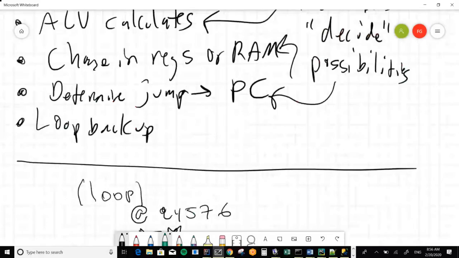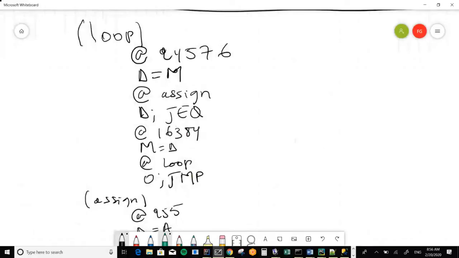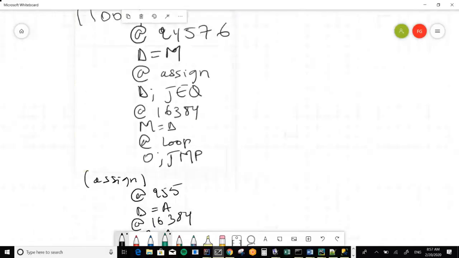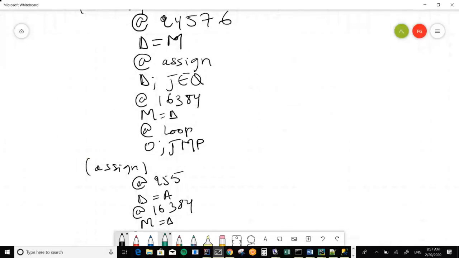My rationale for this problem goes like the following. It looks like you have an infinite loop. That means it's going to be jumping over and over again. So if M at this location is equal to 0, I said something like, at this address, give me the value in that memory, and then I can jump to assign if that value is equal to 0.